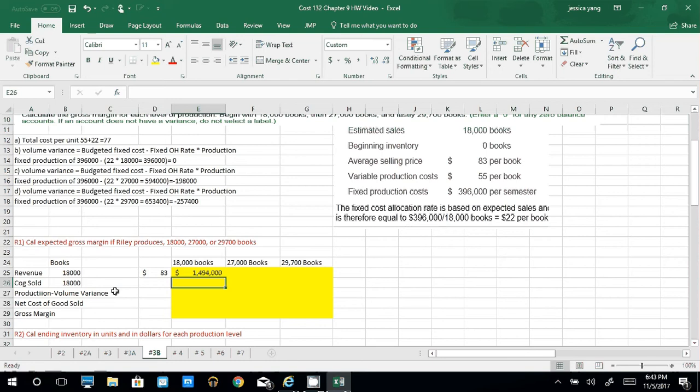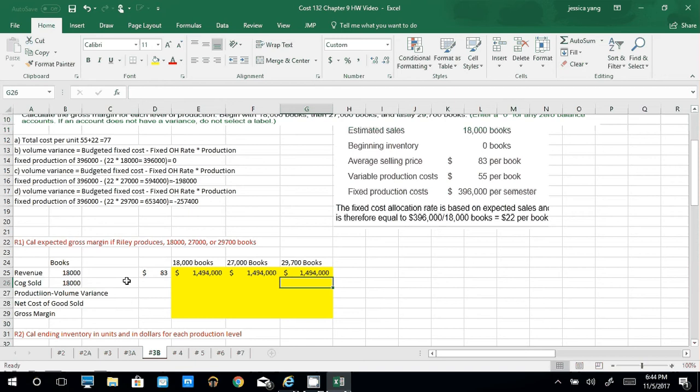For the 27,000 books and the 29,700 books, we do the same process, taking the 18,000 books times the $83 selling price. That gives us $1,494,000.